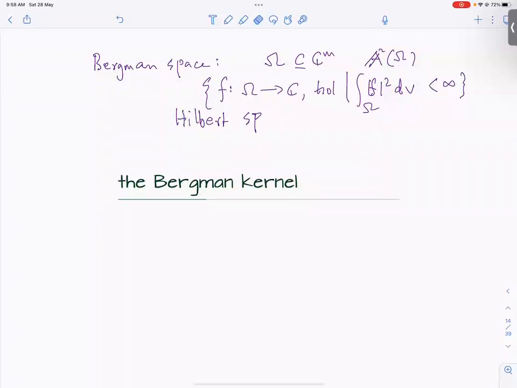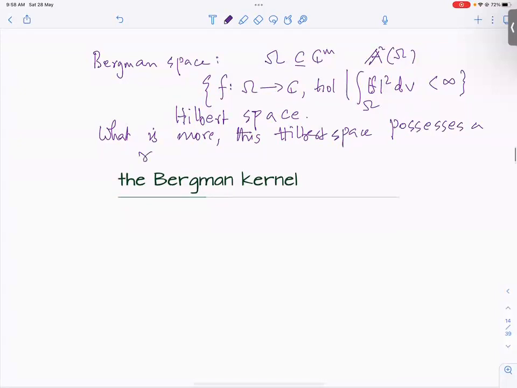Now, the discussion about the reproducing kernel and all that. What is more, this Hilbert space possesses a reproducing kernel, usually called the Bergman kernel.